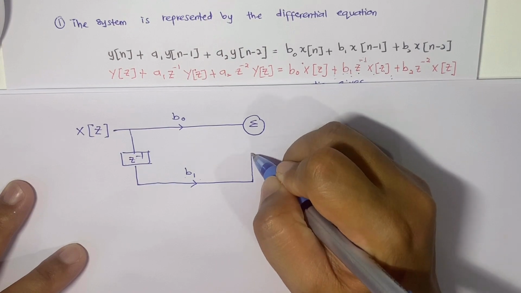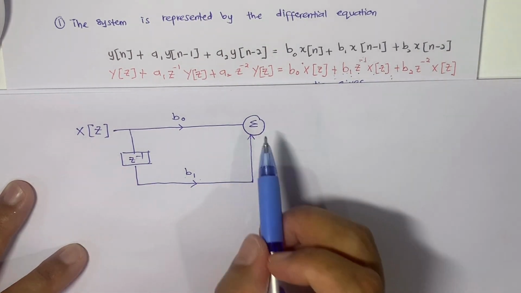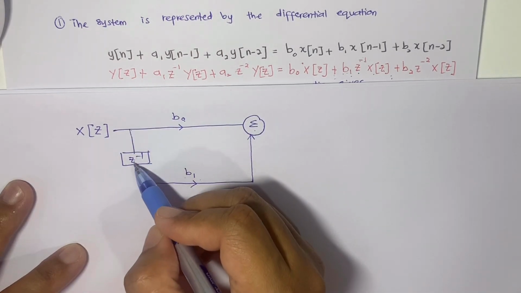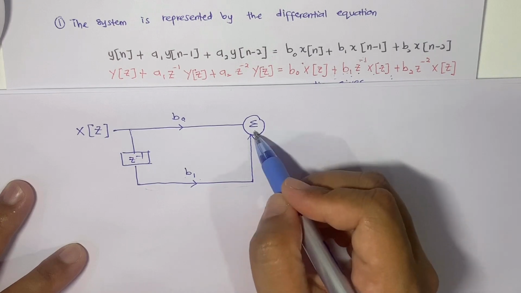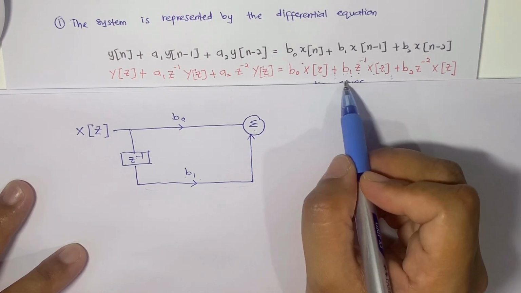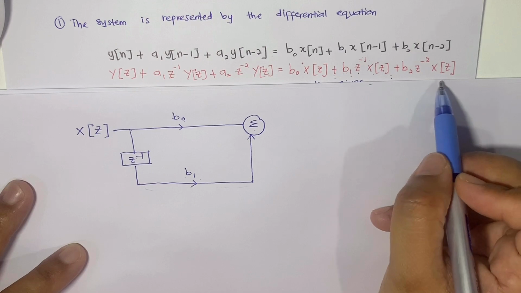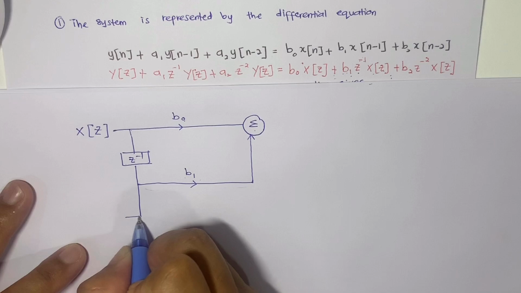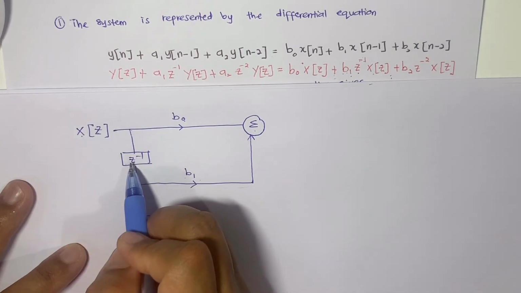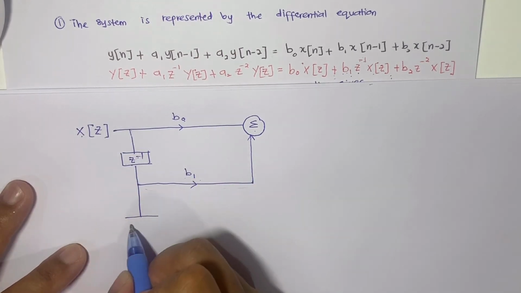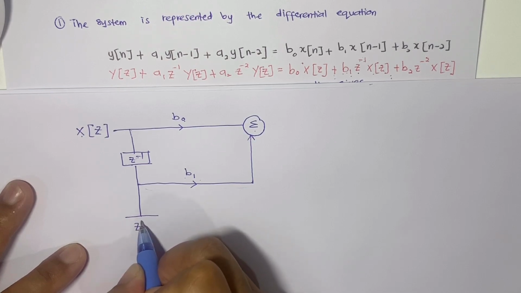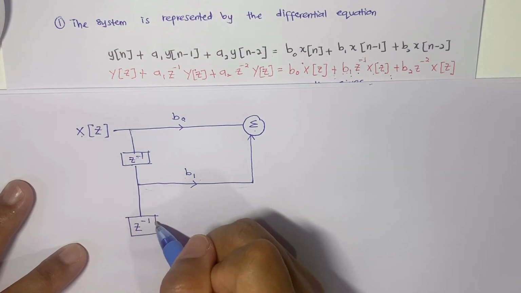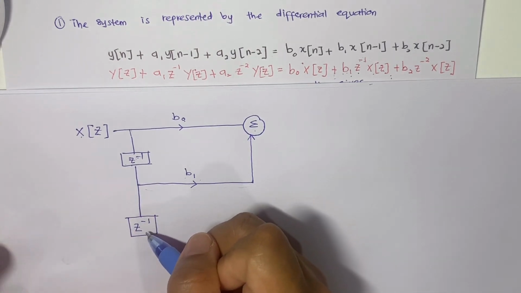This is summation. The first term is added with the second term here. This is the first term, this is the second term. How about the third term? You need X(z) multiplied with z^-1, multiplied again with z^-1. z^-1 multiplied with z^-1 will be z^-2.